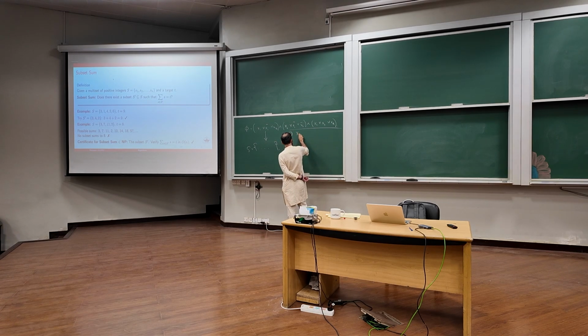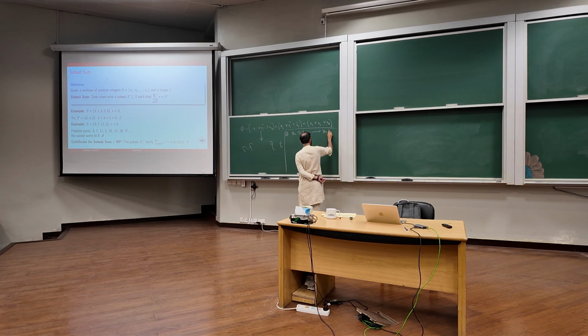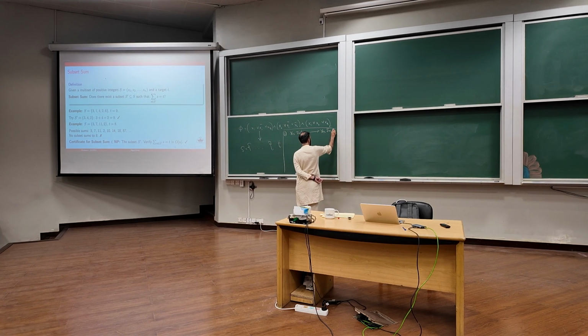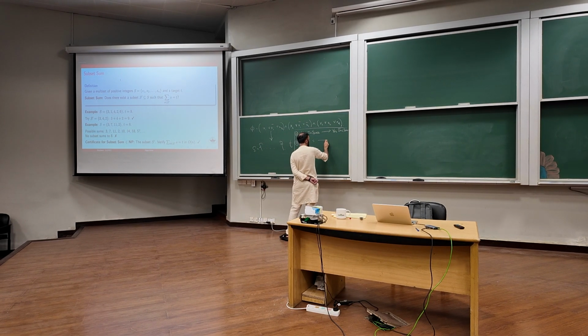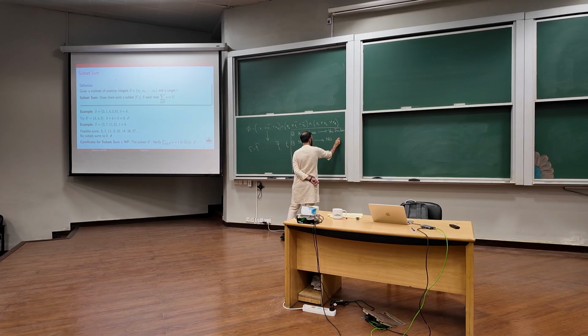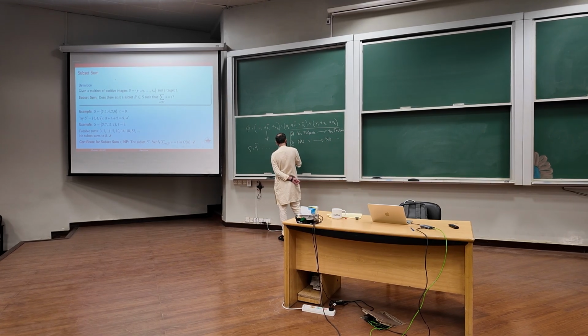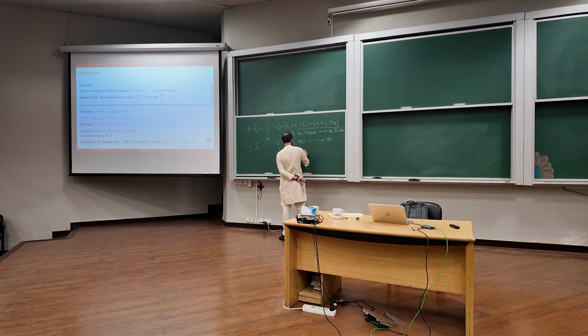You check that a yes instance corresponds to a yes instance of the target problem, and that a no instance corresponds to a no instance, and that it's polynomial.